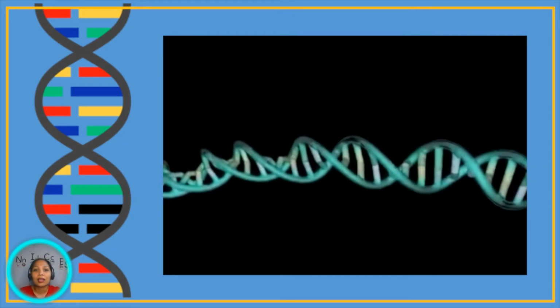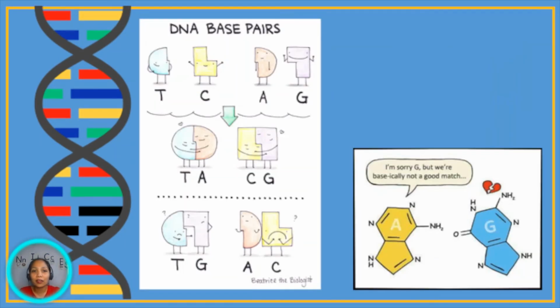Class, do not forget the proper DNA nucleobase pairing. Remember that T is always paired with A and C is always paired with G. They clearly match with one another.